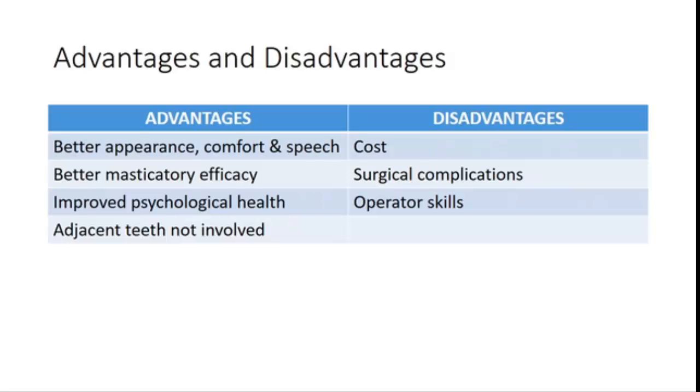So if you wear a partial denture, which is removable, you'll always have problems in cosmetics as well as speech and mastication. And if you go for bridge work, you have to cut the neighboring good natural teeth which are normal.